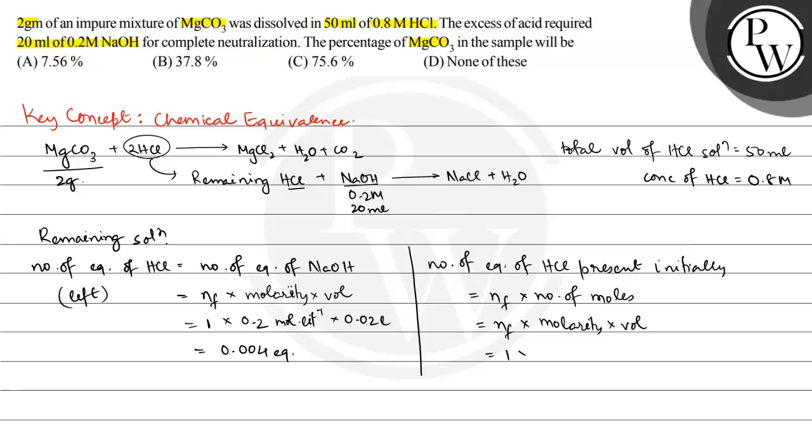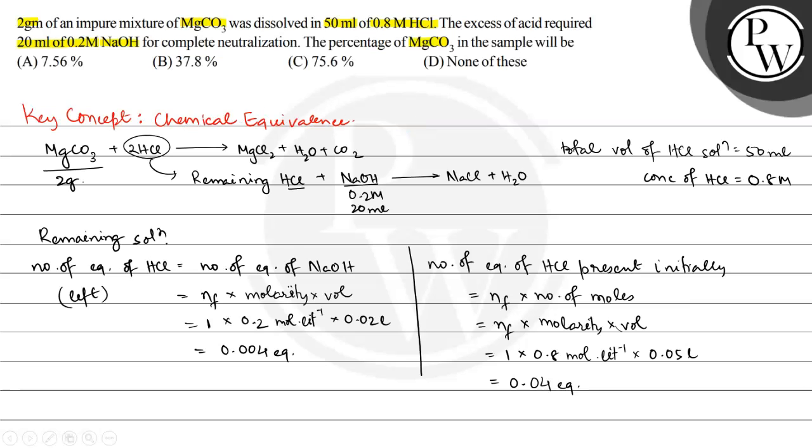So 1 multiplied by molarity, molarity is 0.8 molar or 0.8 moles per liter, multiplied by volume. Volume is 50 ml, and if we convert 50 ml into liters then this will be 0.05 liters, and then the number of equivalents of HCl will be equal to 0.04 equivalents.